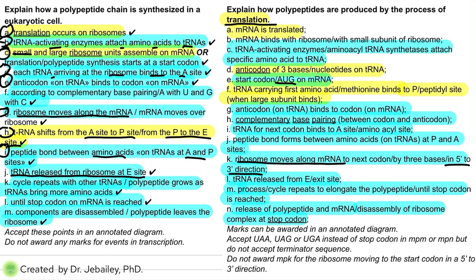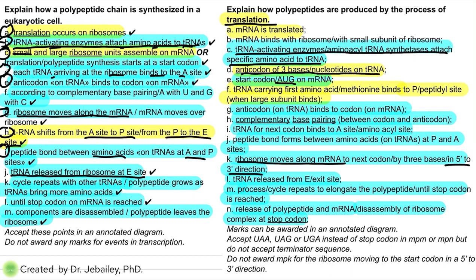So with this, I will take this part here and combine them. An example would be the tRNA activating enzyme attaching the amino acid. And here it says the same thing: tRNA activating enzyme attaches the specific amino acid to the tRNA. So they're the same, and I just combine them as one sentence. However, I can say there's an anticodon found on the tRNA. That's what I add more.